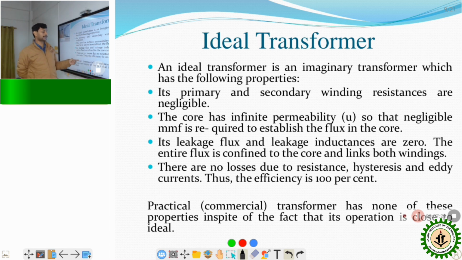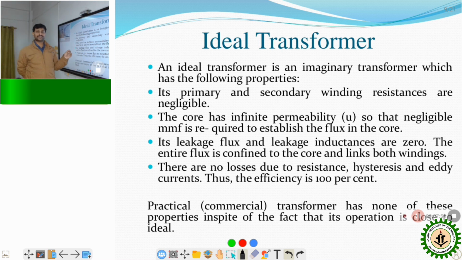A practical or commercial transformer has none of these properties, in spite of the fact that its operation is close to that of the ideal transformer. We have only neglected the resistances, which are very small, and the permeability of the material is almost infinite because cold rolled grain oriented material is used to construct the core.